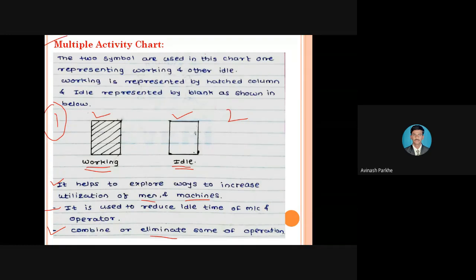If the operator is moving from one machine to another machine, how much distance has he traveled, either 1 meter, 2 meter, 3 meter, 5 meter, or from machine number 2 to machine number 1, if that component or material is again coming back, how much distance has been traveled on the way back. Those distances, that backtracking, those long movements are not represented by using the multiple activity charts. So this is one of the limitations of all the types of charts.